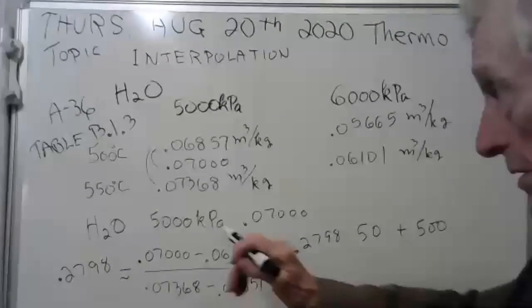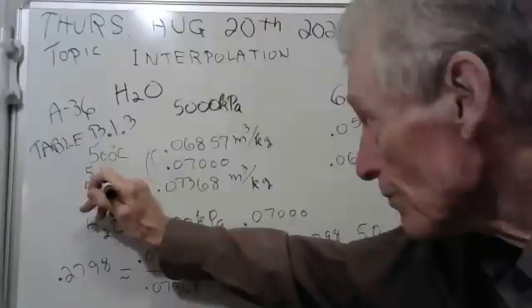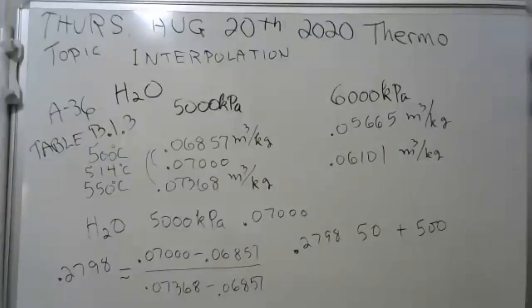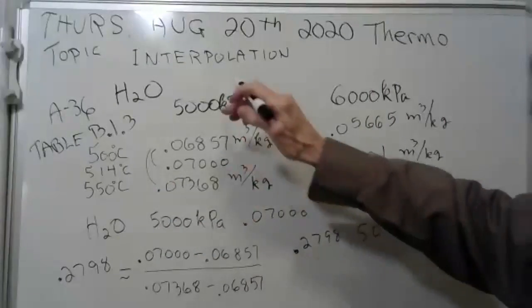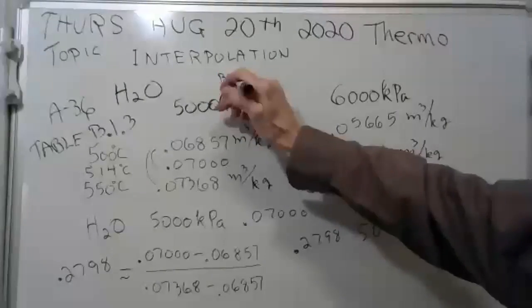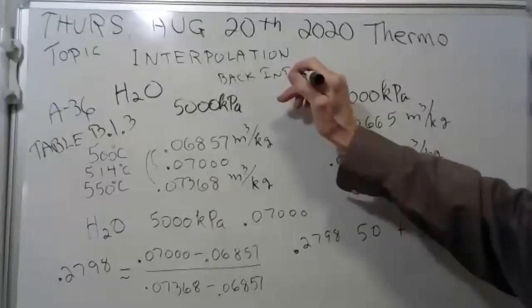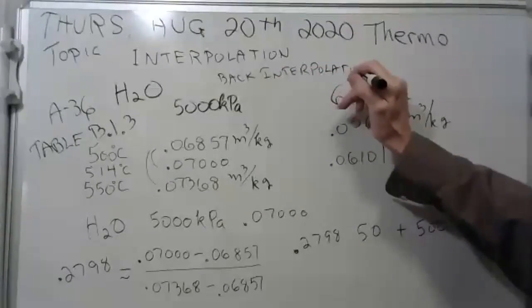I'm just going to round this off. I'm getting 514 degrees Celsius. This is called back interpolation. We went backwards.